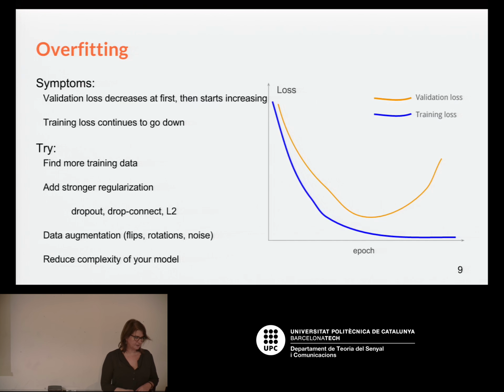Overfitting, as I say, is when your validation loss starts to increase. That means that maybe you need more data. You have used a lot of data, and what you are doing with your data is not going well. So one way to avoid that would be to use more data.